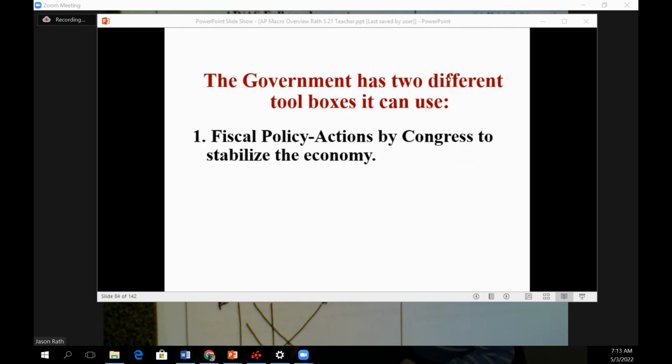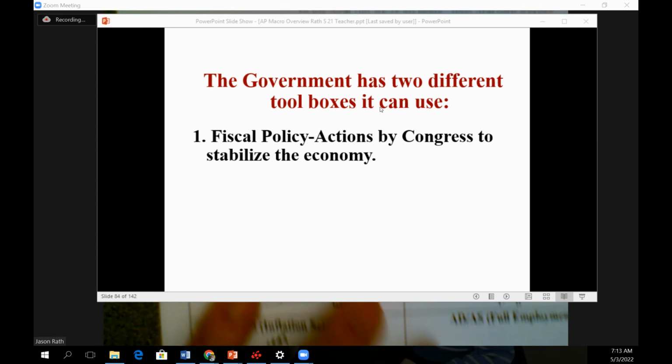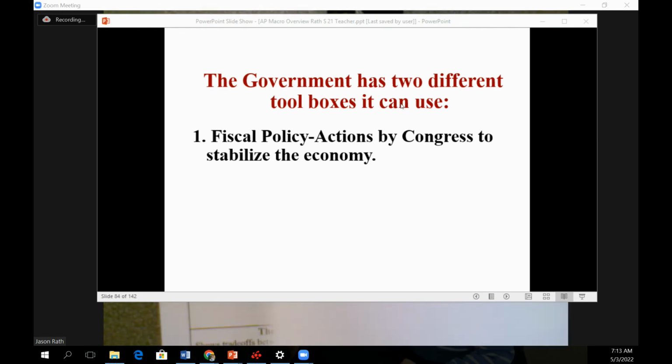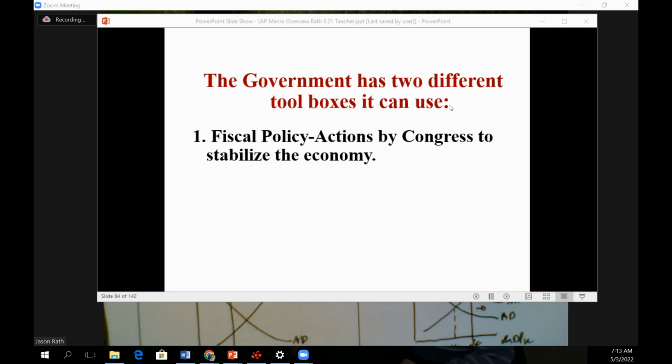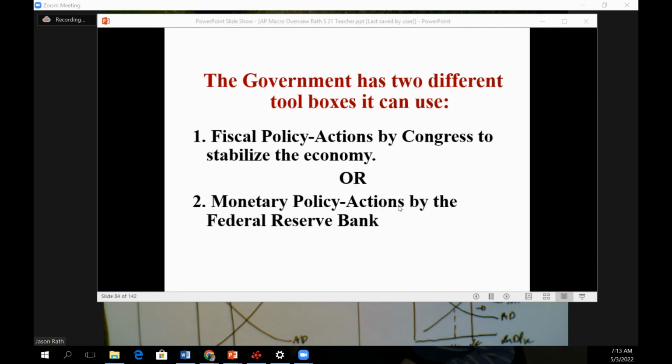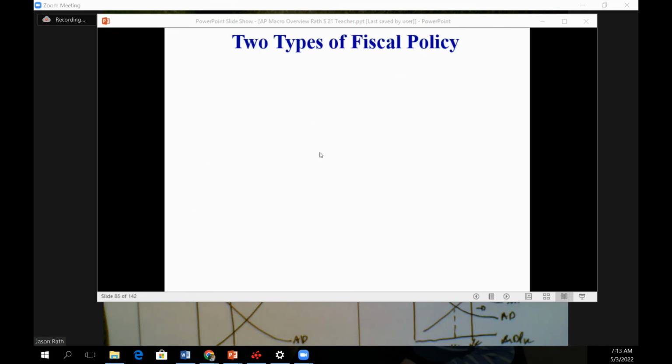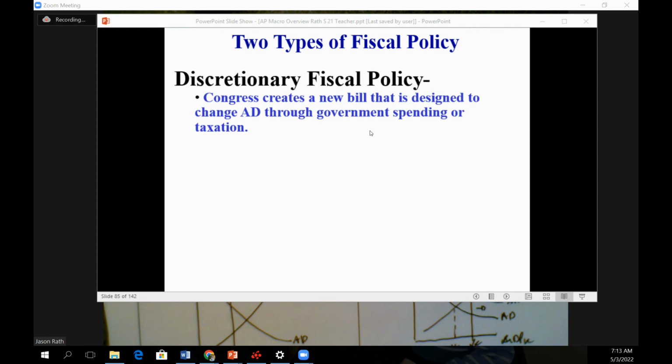All right, stabilizing the economy. The government has two different toolboxes it can use. We'll go to Phillips curve here in a moment and do Phillips curve and aggregate demand in a second. The fiscal policy actions by Congress to stabilize the economy, or monetary policy. Hopefully you remember what monetary policy is. We just did that, and fiscal policy to stabilize the economy. So two types of fiscal policy: discretionary.